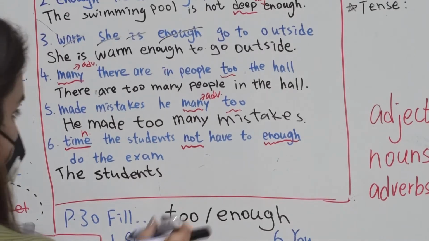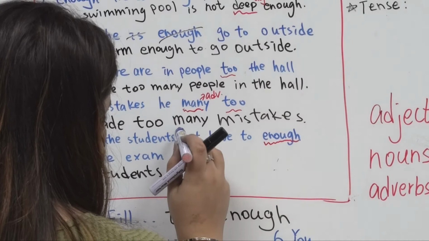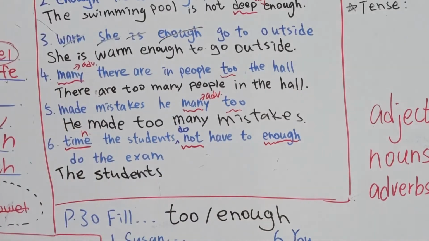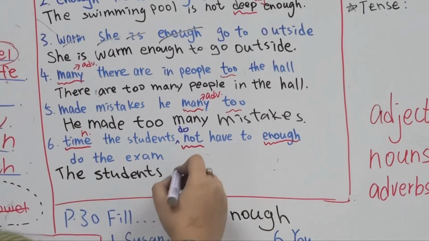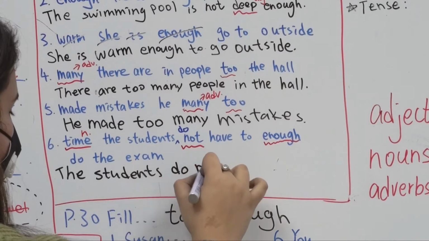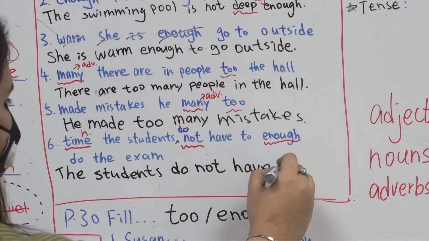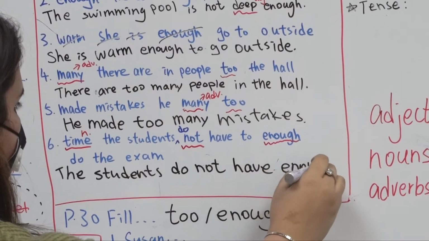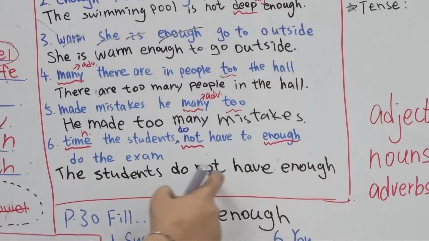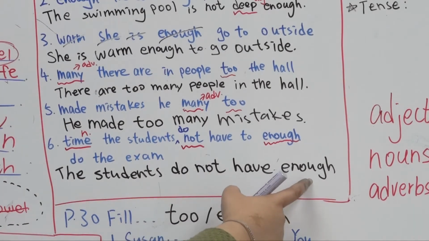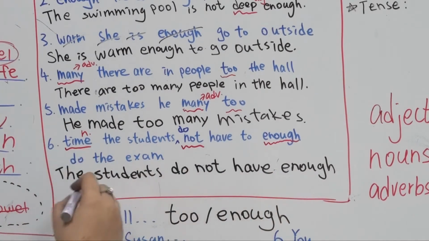Everyone please add do here. That should be do. Do not have enough. Not enough, and then noun.